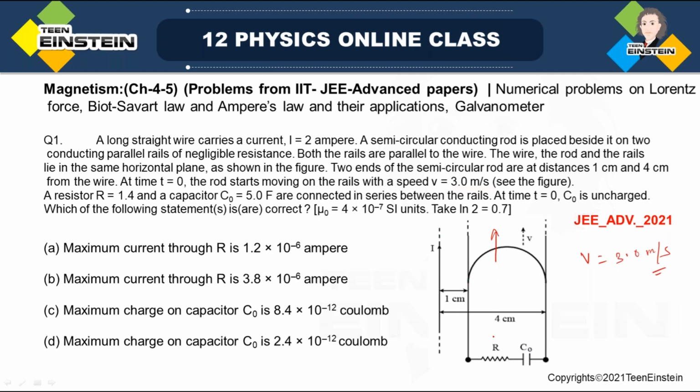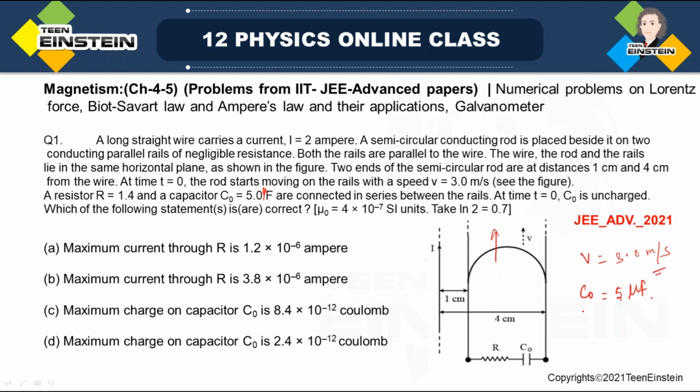You can see that a resistor R equal to 1 ohm and a capacitor C0 equal to 5 micro. So this is actually microfarad, not farad. Somehow it is missed. So C0 is 5 microfarad, that we have to remember.